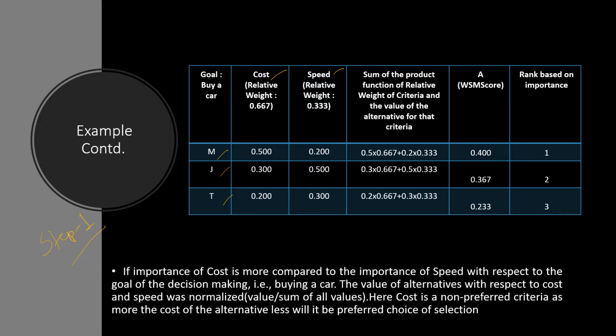In case of cost, we have taken the value of cost for Mercedes, the value of cost for Jaguar and the value of cost for Toyota, and summed them, so it is coming up to 1, right?